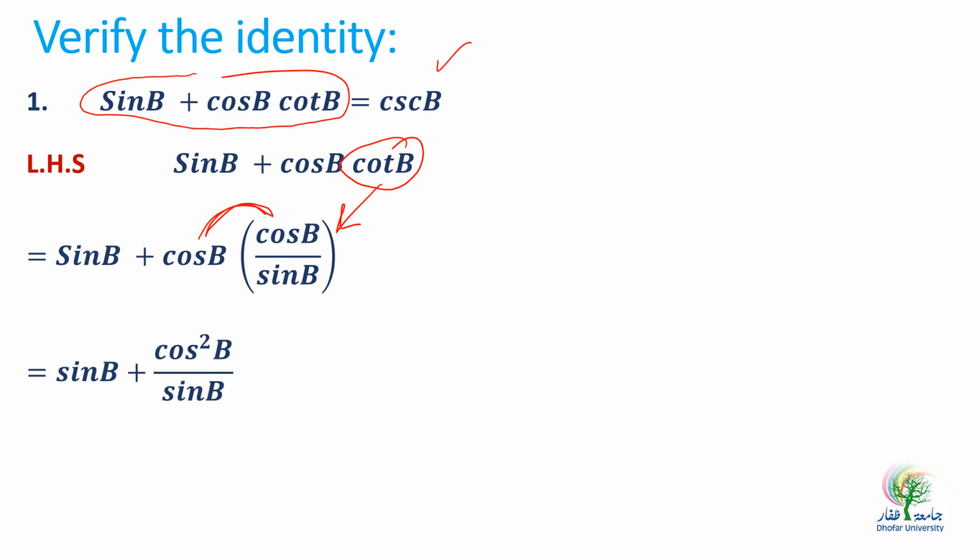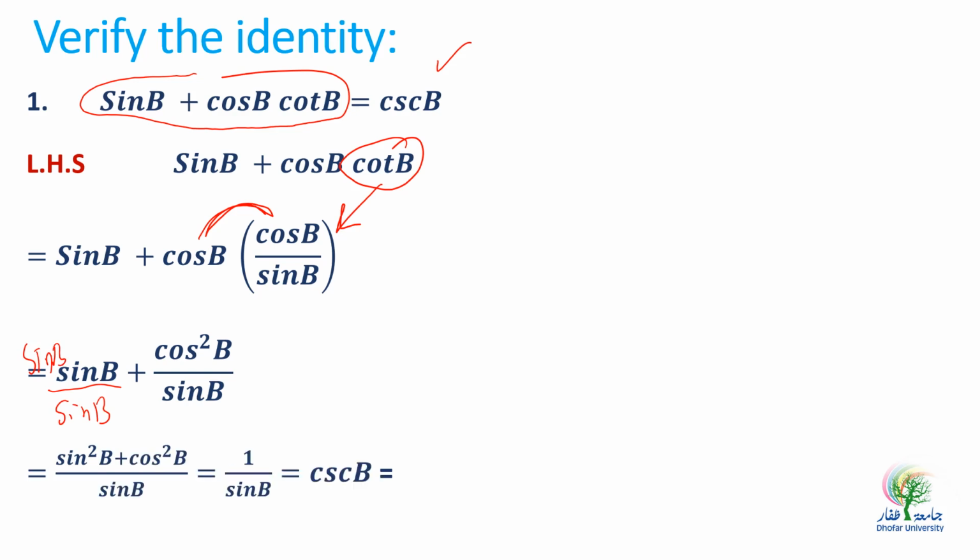Then we make the denominator the same, so here we multiply and divide by sin b, and we get the same denominator sin b, but the numerator sin square b plus cosine square b. So sin square b plus cosine square b is 1, giving 1 by sin b, which is cosecant b, and that is the right hand side. I hope it is easy and clear.